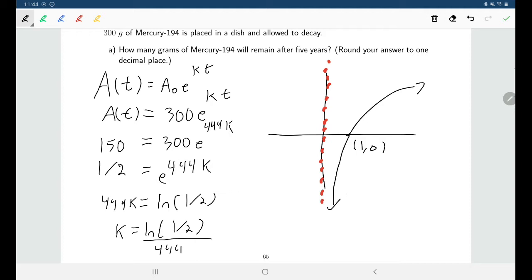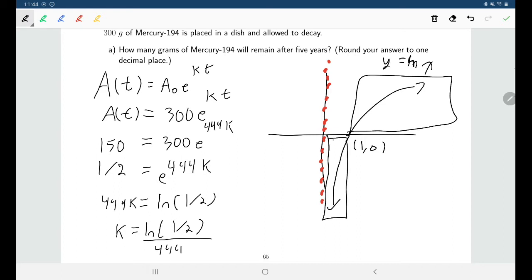You know that for values of x that are 1 or larger, the y value is positive, and for values of x that are less than 1, the y value is negative. So already I know, without needing to use my calculator, natural log of a half should be something that's negative.